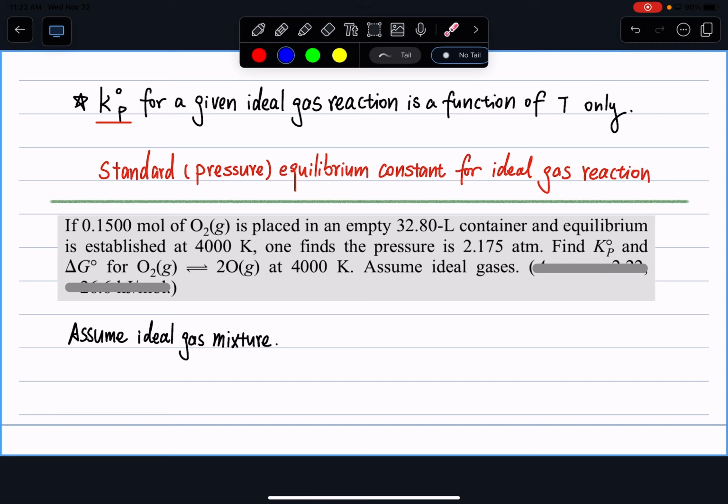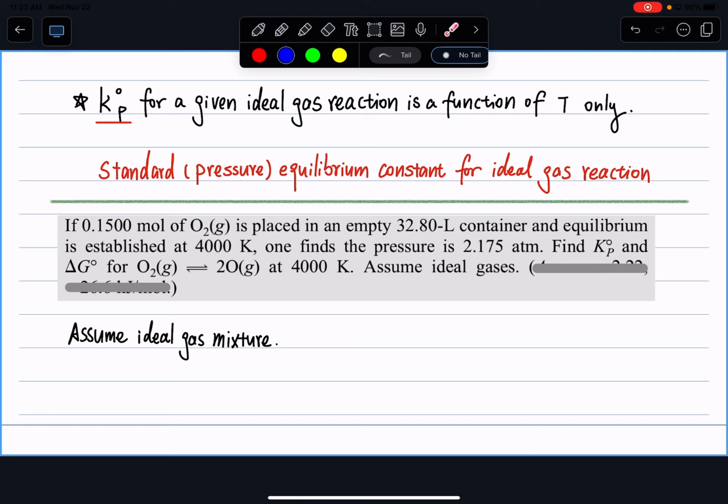Likewise, the number of moles of oxygen atom at equilibrium is 2ξ moles. Your total at equilibrium will be the sum of these two numbers: 0.1500 plus the extent of reaction. Don't judge me by how I write my Greek letter.